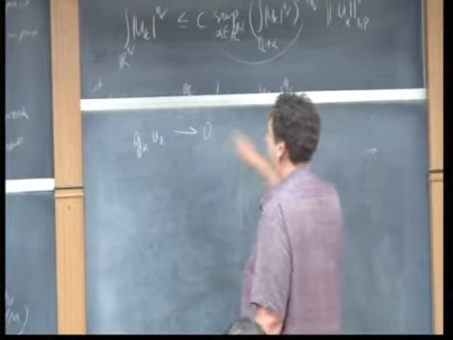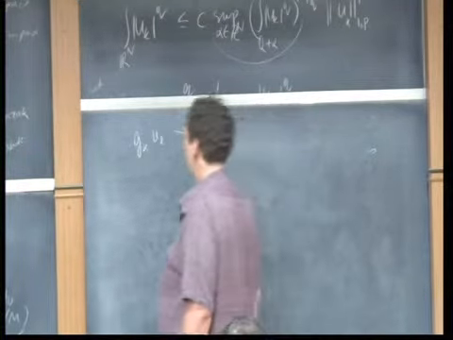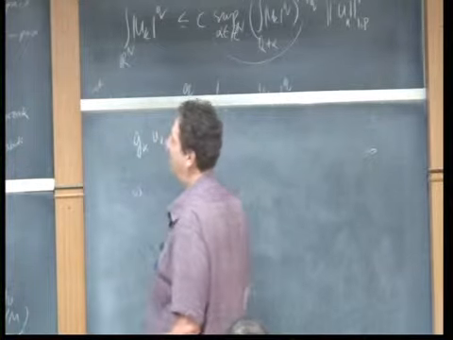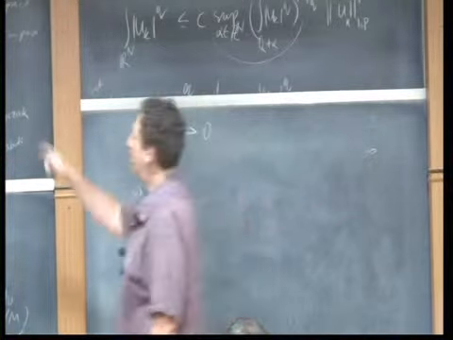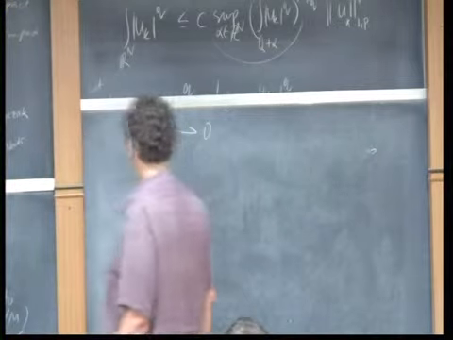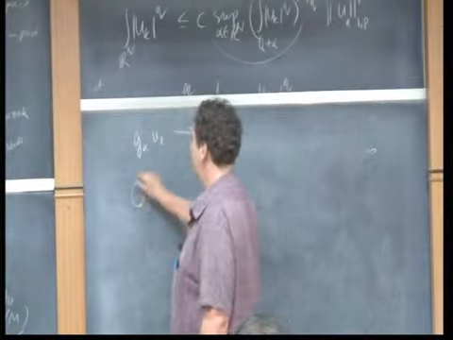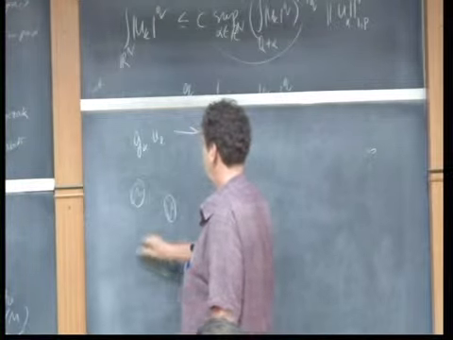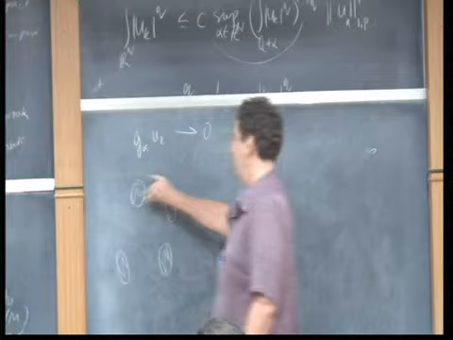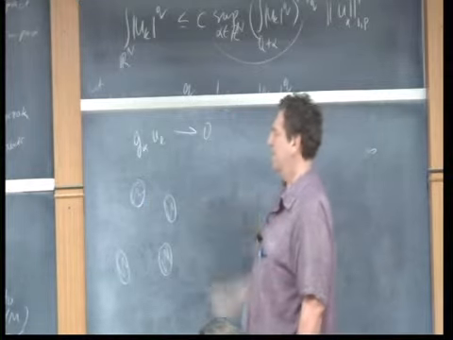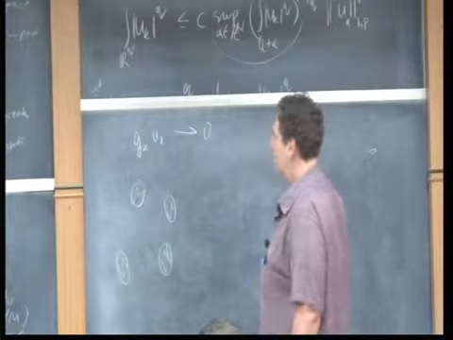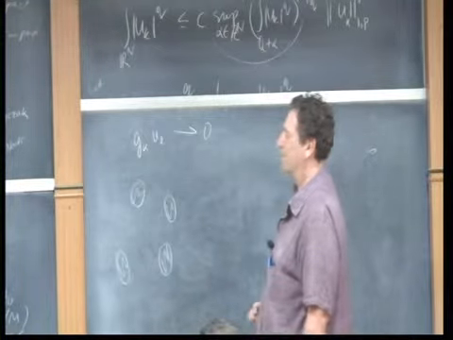If you assume that there is some weak limit, you immediately rotate it with omega, and this property assures that you will get a lot of copies of the same function rotated by the set omega, which will blow up the norm, which will contradict the Strauss lemma.